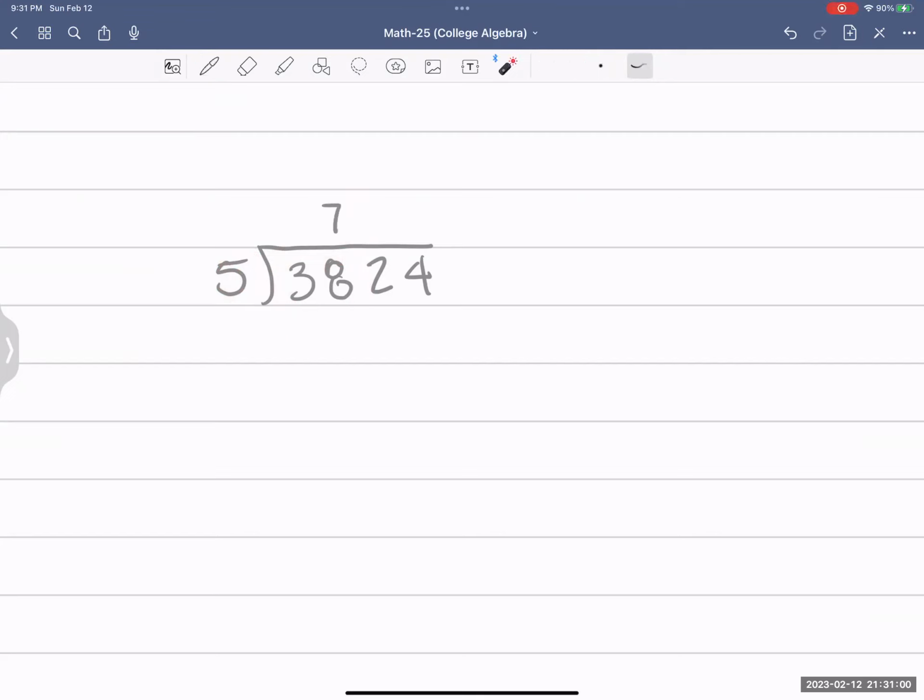So then we do 7 times 5 is 35. And what we do from here is subtract those numbers. So 38 minus 35, that's going to be a 3 down here. And we grab this 2 and bring it down.